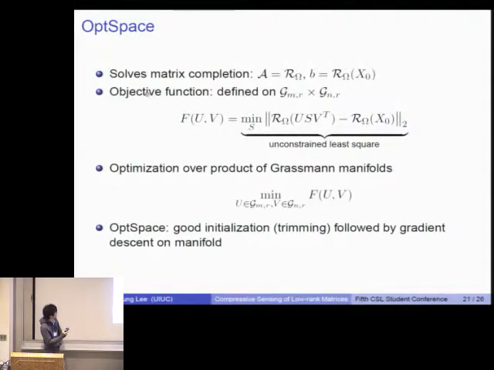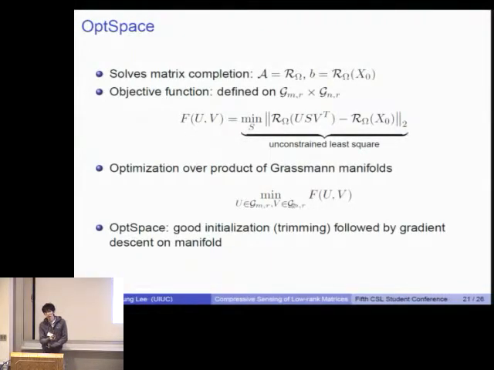Actually, OptSpace solves the matrix completion problem where the linear operator is sampling, and b is given as the sampling of the true matrix X0. They defined an objective function over the product of two Grassmann manifolds. This definition of the objective function involves an unconstrained least squares problem.